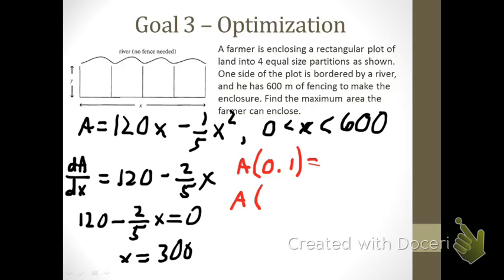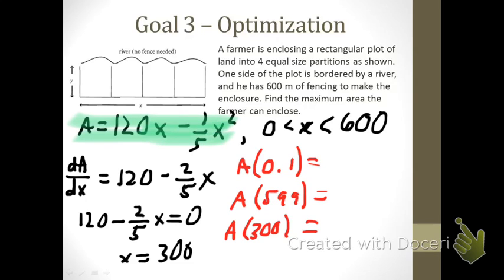If we plug the upper boundary in, well, we can't actually plug in 600, but let's just say it's 599. And then let's plug in the critical value. Let's figure out what A of 300 is. Now use your calculator, plug each of those values in for x into your area function right here. See what you get.